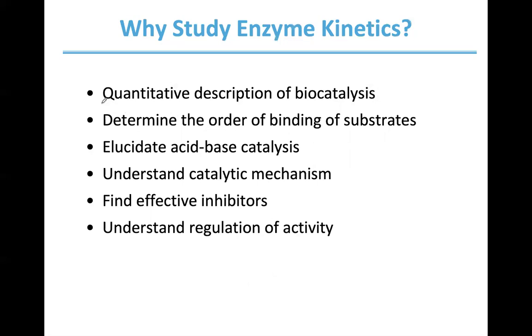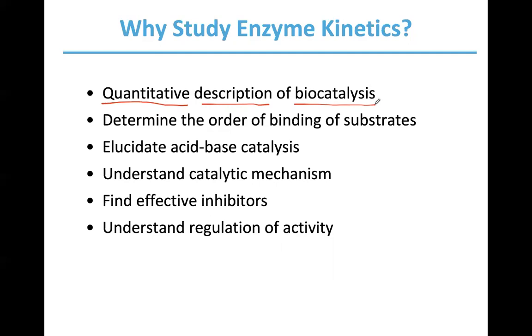So the primary goal is basically quantitative description of biocatalysis. So far, we've been talking about how different attractive interactions, how stabilization of the transition state works, how the substrate binds, how the enzymes are inhibited if the structures of the inhibitor are similar to the structure of the substrate.